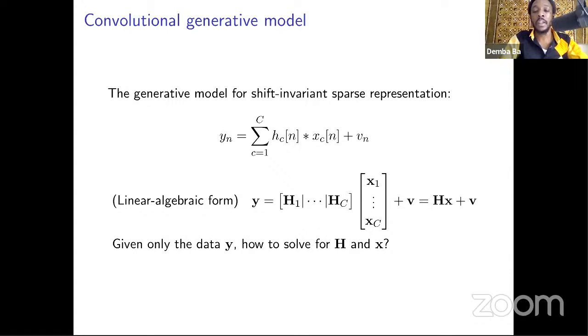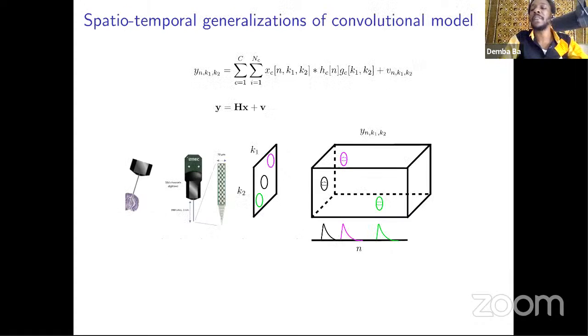Now, lest you should think that this is a pretty limited formulation, I want to convince you in this particular slide that the formulation that I showed you in the previous one does not just apply to time series. It applies to signals of multiple dimensions. So in the case where my electrode array is two-dimensional, and let's say the first dimension I call K1, and the second dimension I call K2, I insert this in the brain, it's now seeing spatial signatures of neurons, 3 neurons in this particular case, or sources, but it's also recording data over time.